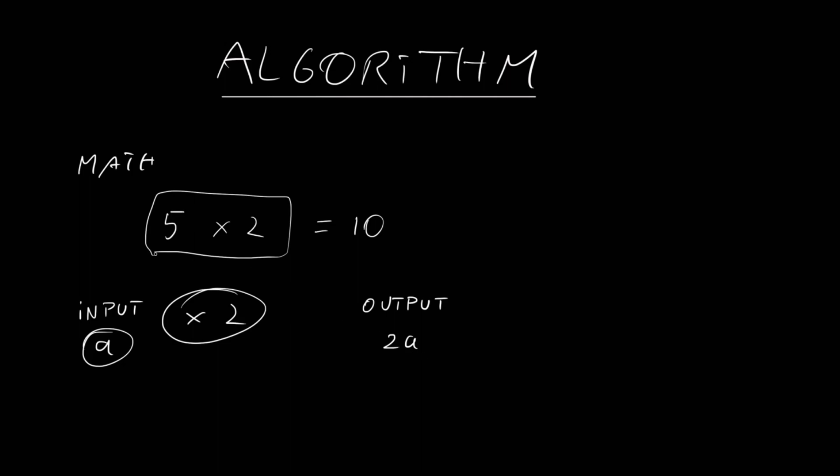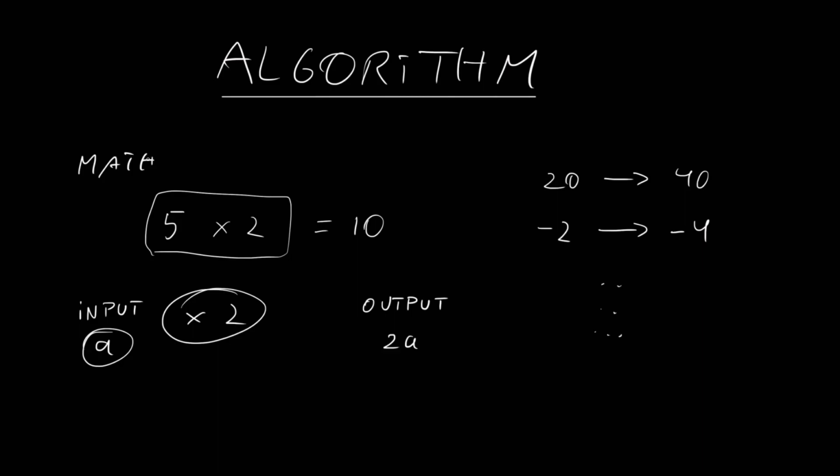And therefore, if we substitute A with 5, we get 10. If our input is, let's say, 20, then the output will be 40. If the input is -2, the output is -4, and so on and so on. So that's really what an algorithm is. It's basically just a set of operations that produce a result.